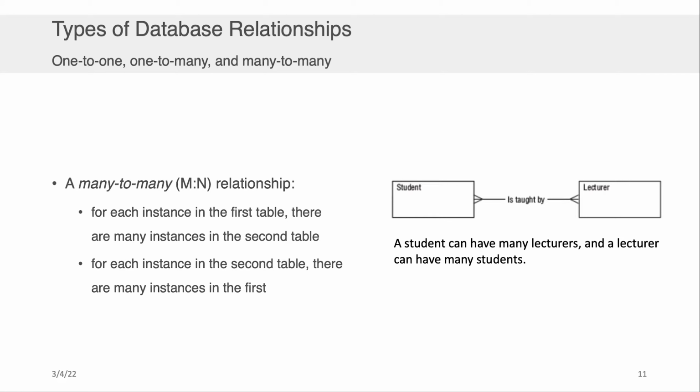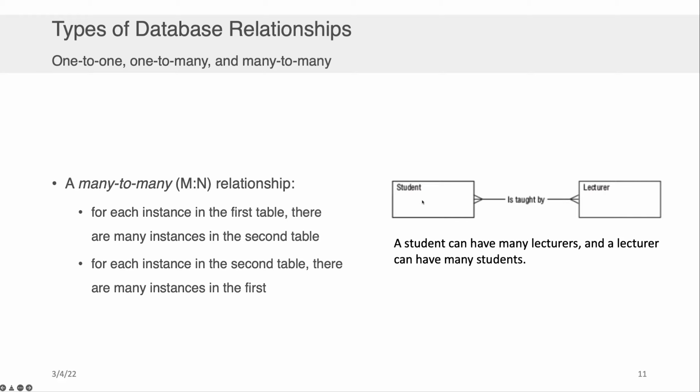And then of course the third kind is a many-to-many relationship. For each instance in the first table, there are many instances in the second table, and for each instance in the second table, there are also many instances in the first. A good example of this is if you have two tables, one with students and one with lecturers.